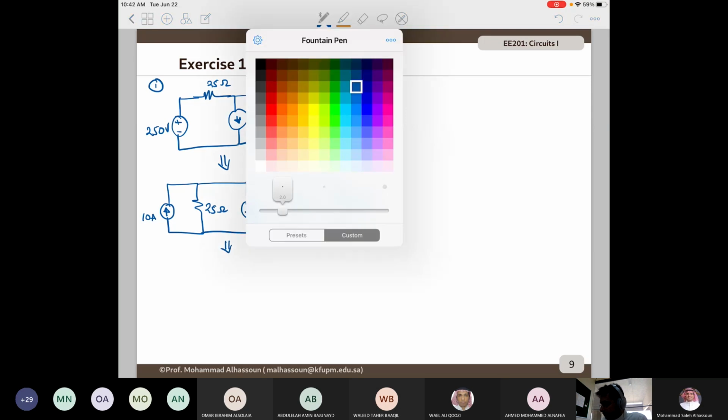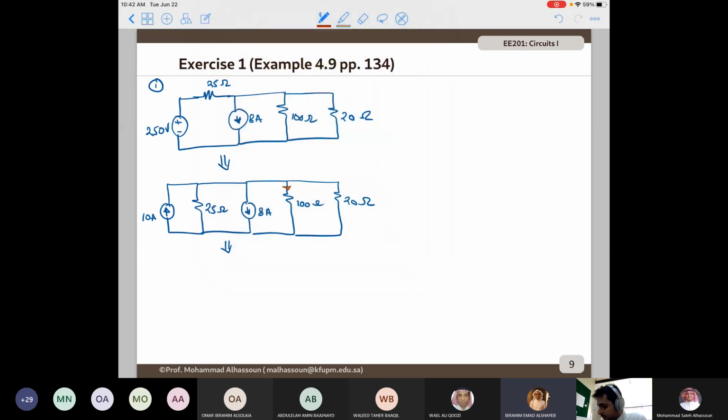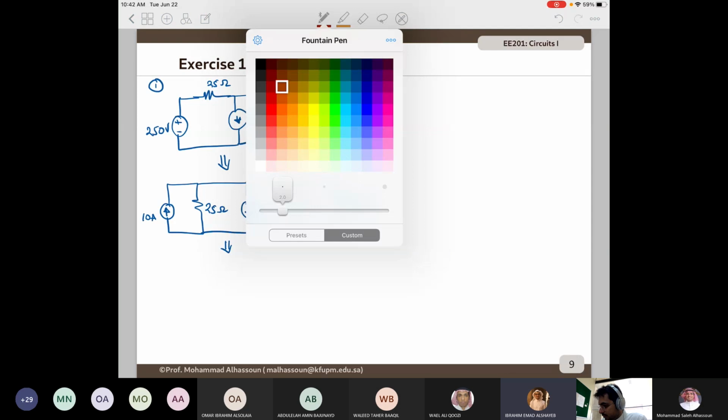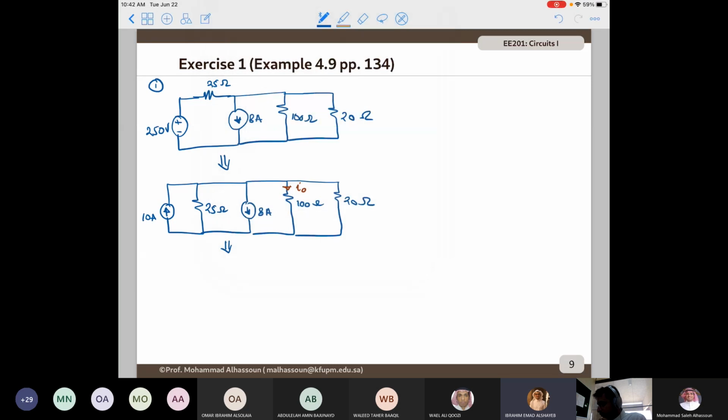After we add the current sources together, what we need is the V naught across the 100 ohm resistor, which will be the same across the three resistors we have here. So we can combine them as one equivalent resistance. Okay, exactly. Or what I will do is something different here. I can combine them, but I decided not.